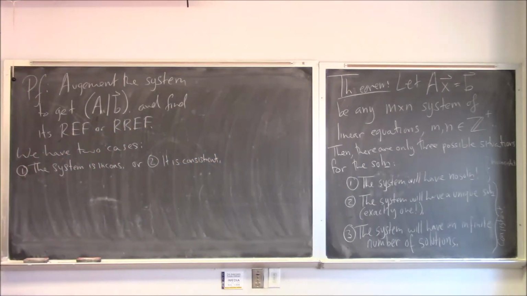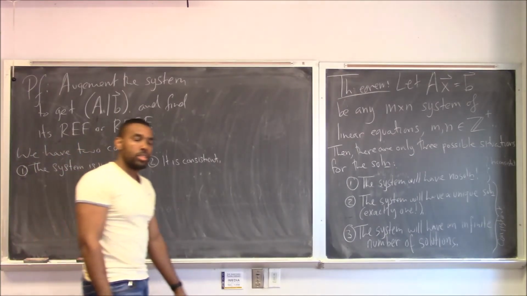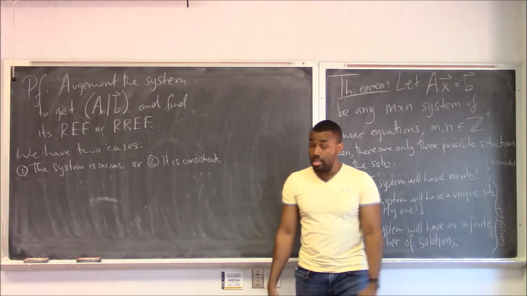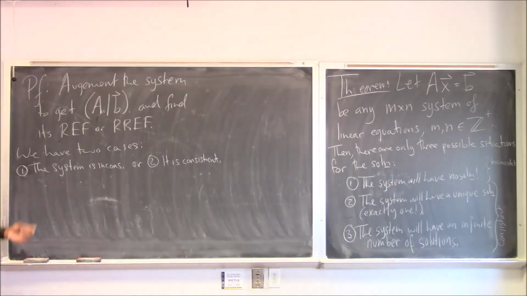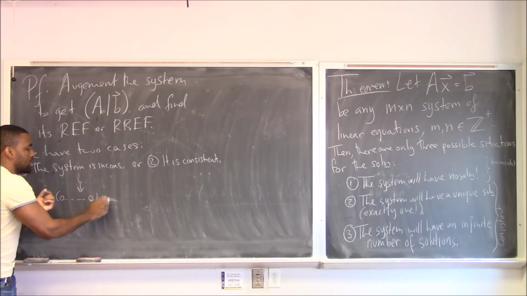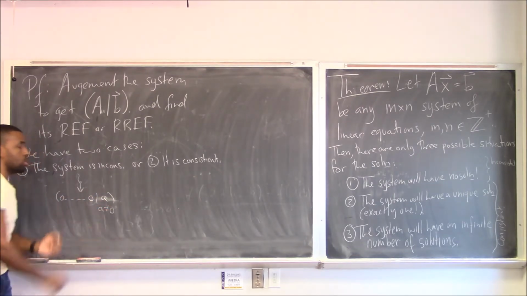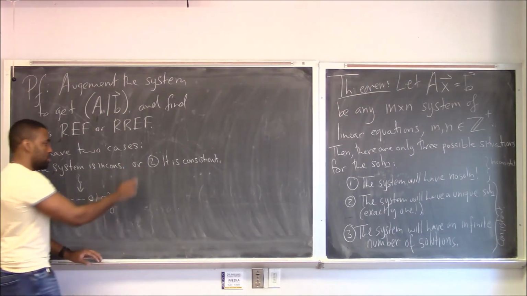Why can I say that? Because P or not P is a tautology. So I can make this statement. Either the system has a solution or it doesn't. Right? We can know this happens when we end up with a row of zeros and something that's non-zero. So this situation can happen when we find the reduction, or it won't happen. Right? So either this will happen or that will happen.